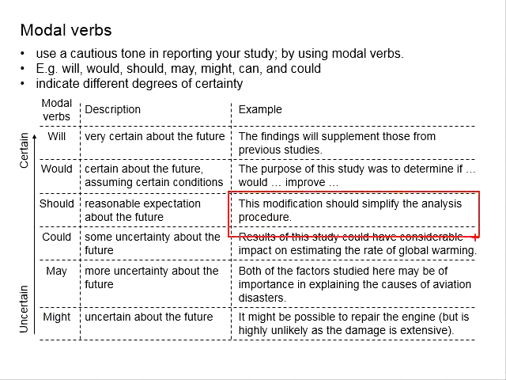This modification should simplify the analysis procedures. Now this one is referring to a reasonable expectation, and it indicates a good chance of simplifying the analysis procedures. Next, the purpose of this study was to determine if it would improve.